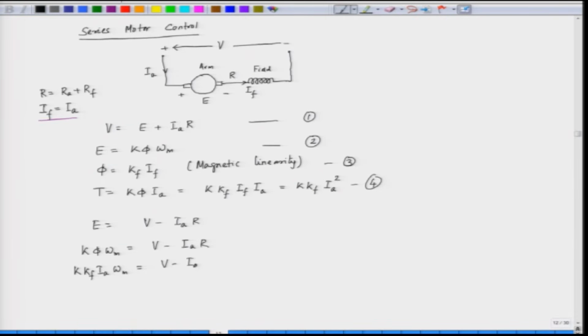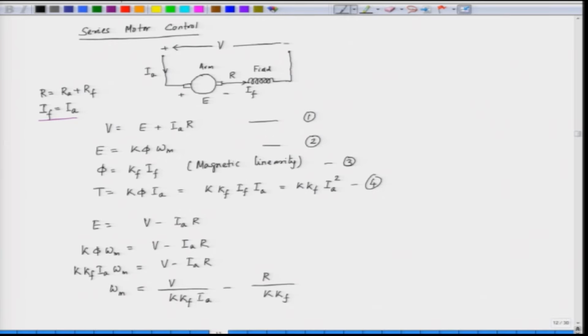V minus IAR. From this we can say that omega m is V by k kf IA minus R divided by k kf. So, this is an important equation for the series motor.